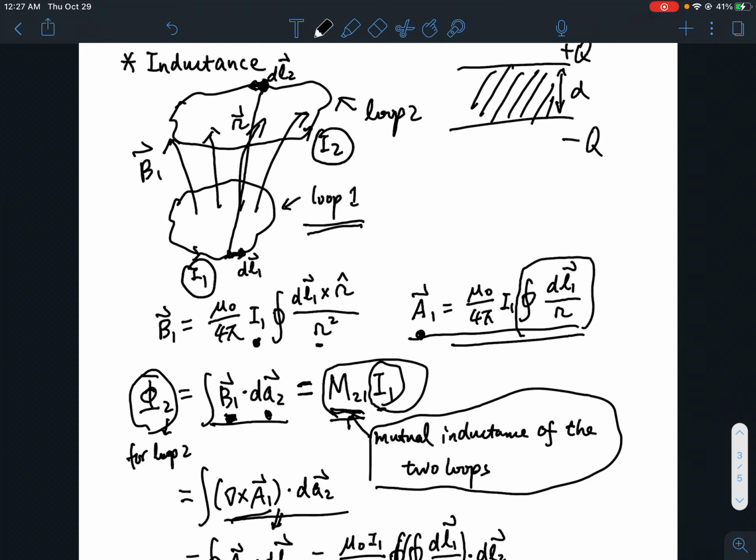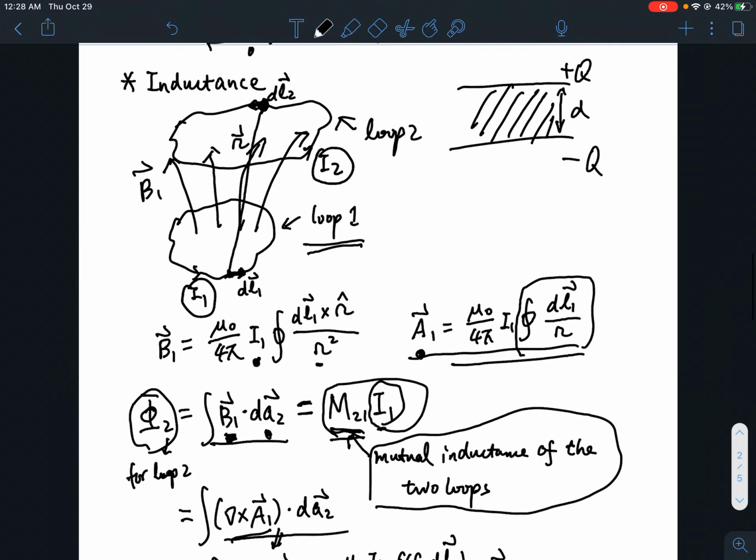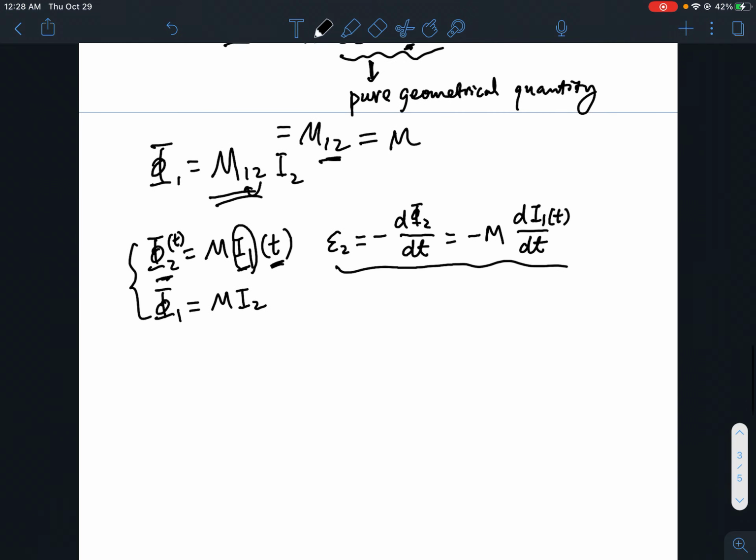However, if we change the current in loop 1, there will be a current flowing in loop 2. You change one, and it will create current in the second loop, even though they are not connected to each other. This is an interesting thing to point out.